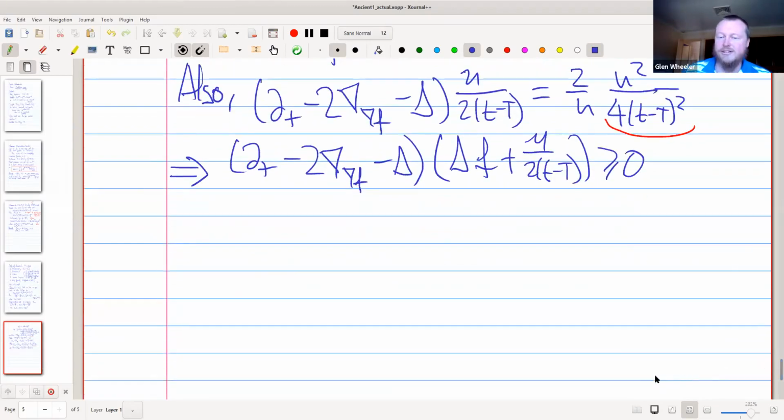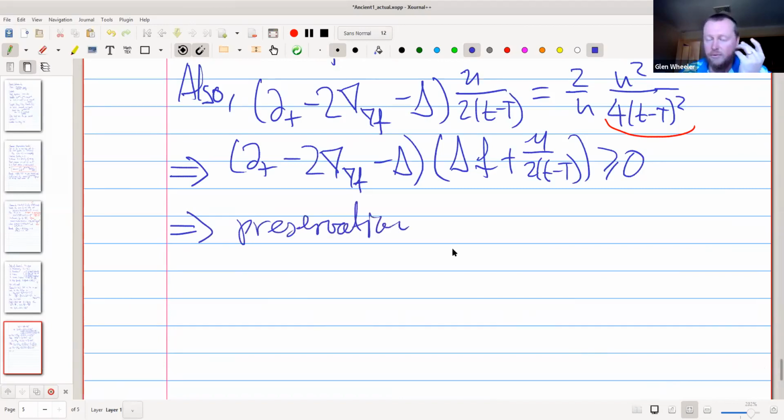And it's just a short hop and a skip to the maximum principle, and we get preservation, if we had it at all, of the inequality Laplace f bigger or equal minus n over 2 times t minus t.